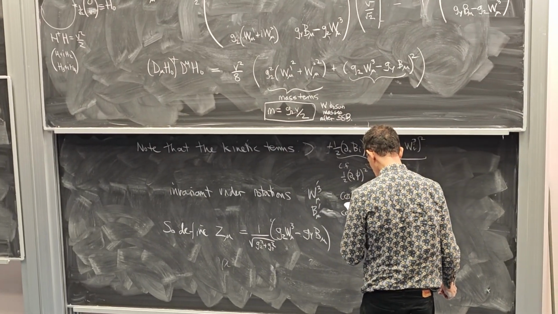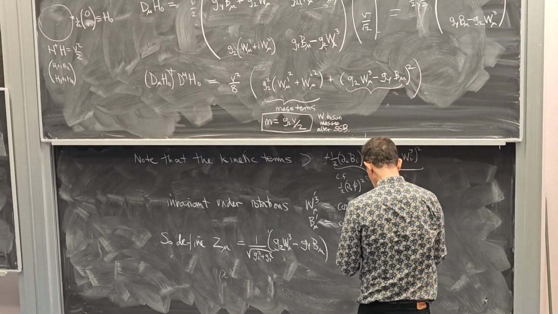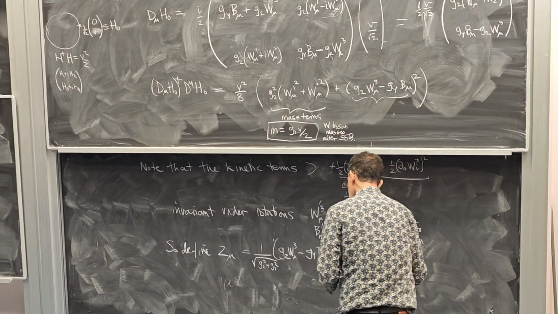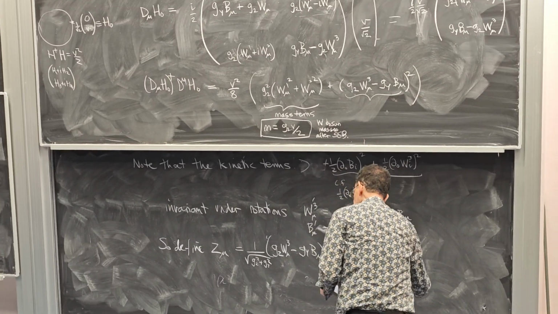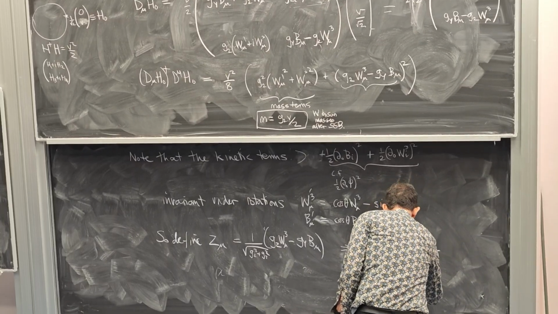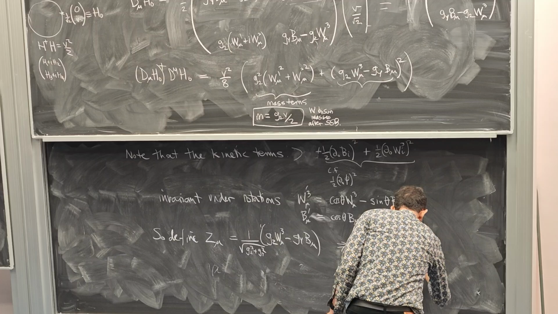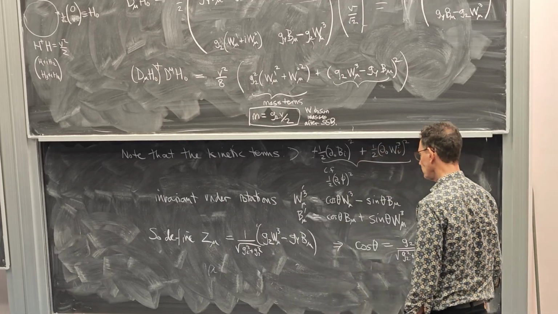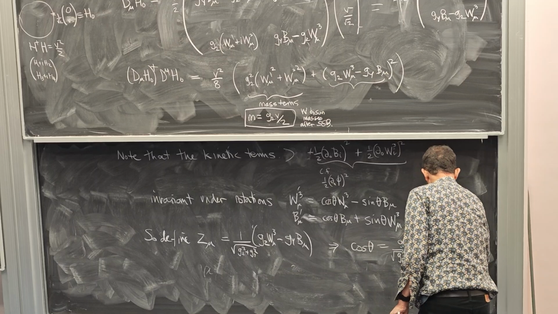So that tells you that cosine theta is equal to G2 over square root G2 squared plus GY squared. This is called the Weinberg angle.